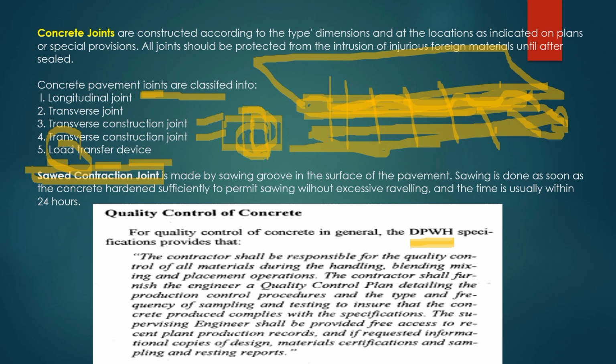The contractor shall furnish the engineer a quality control plan detailing the production control procedure and type, frequency of sample and testing to ensure that the concrete produced complies with the specification. The supervising engineer shall be provided free access to recent plant production records if requested, in forms with proportioning copies and design, material certification and sampling and testing reports.